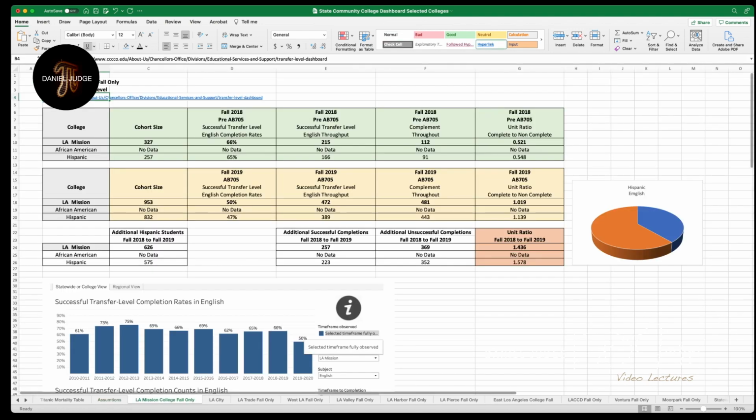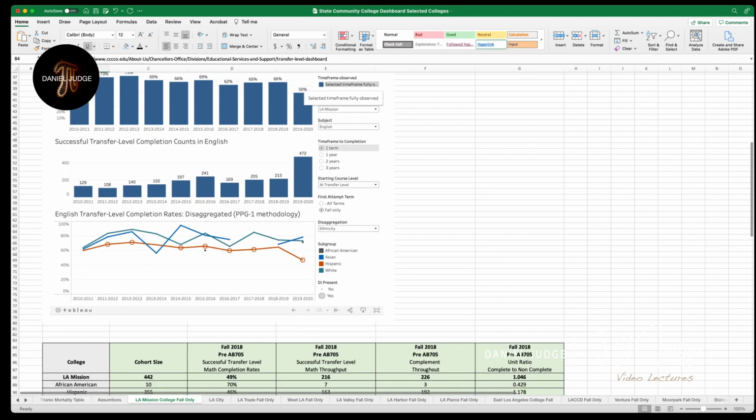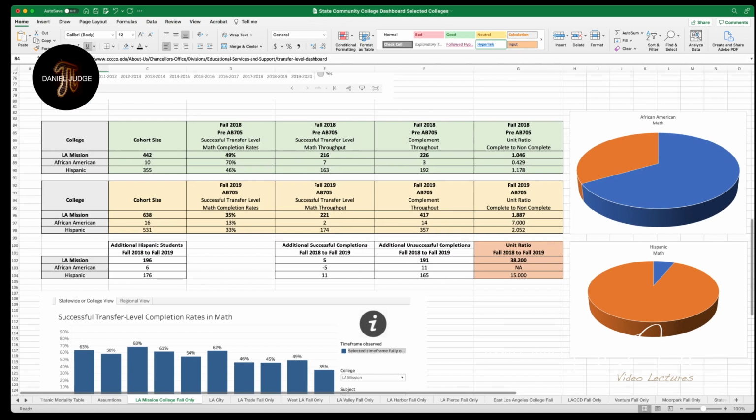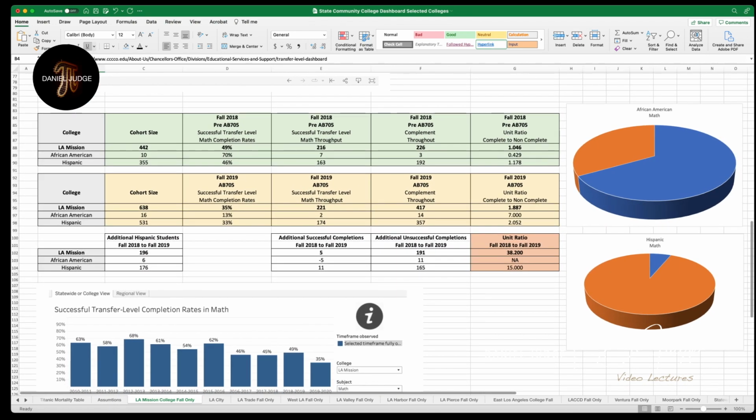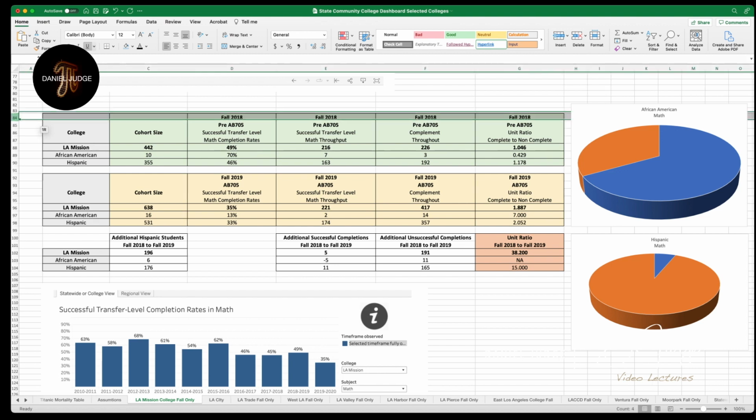So if I look at Mission College, for example, I'm going to walk through the analysis that I've done for you guys. In fall 2018, right up in here, everything here in green, these are people under pre-AB 705 placement for fall 2018.